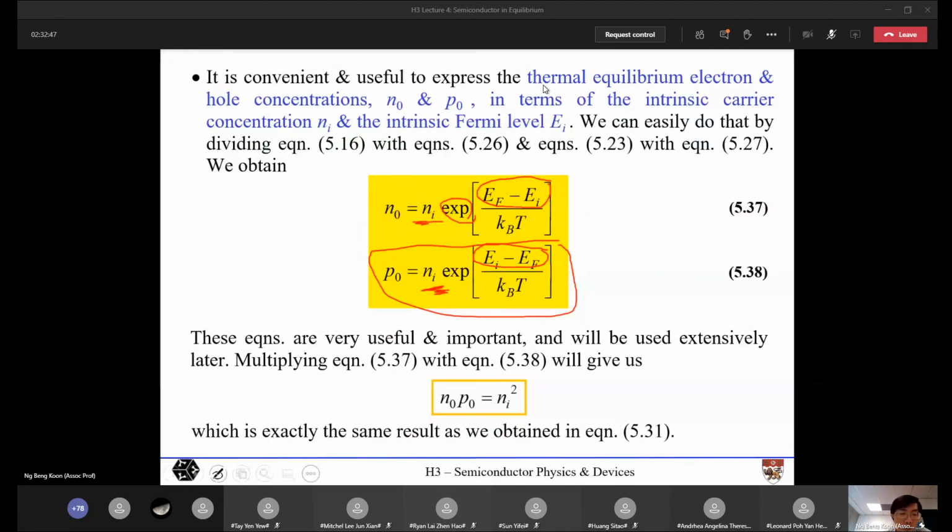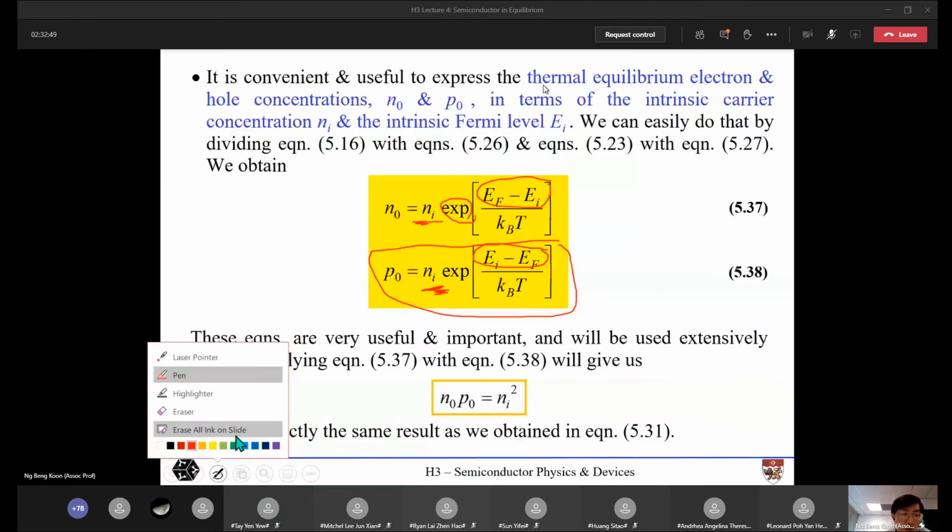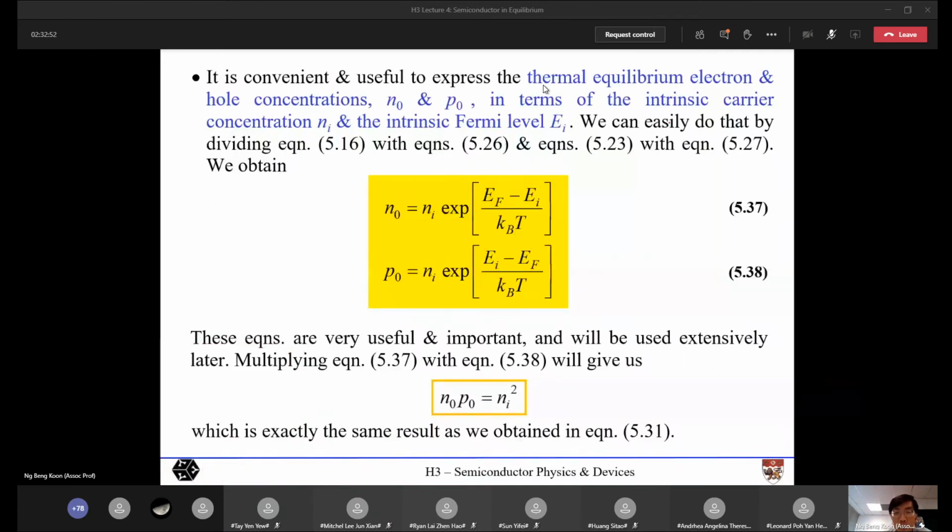Okay, so this is in fact another complementary set of equations that we could use, together with the one that is expressed in terms of the effective density of states, in your calculations of the concentration of electrons and holes. Then the question of which one to use really depends on what you have.